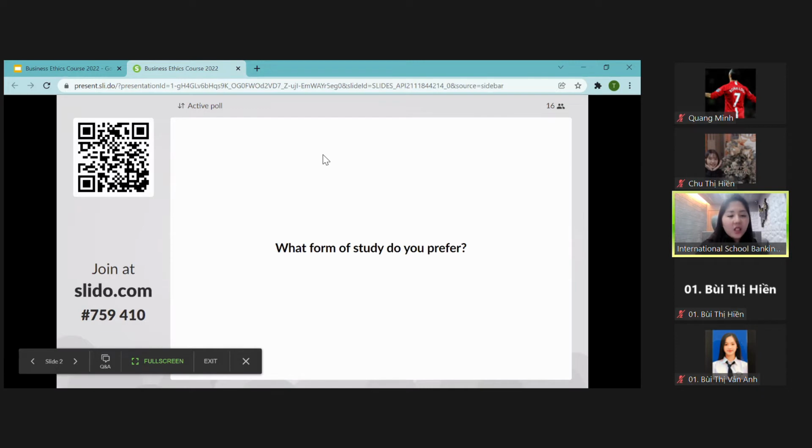You can do the check-in only one time, and then all the pop-up questions are going to appear right after the check-in question. You don't have to scan the QR code again. You don't have to join the website again.